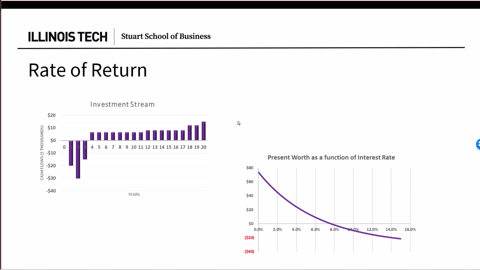If we were to plot the net present value as a function of the interest rate, what we would find, if you just have this one switch from negative to positive, is that there is a unique IRR, a unique interest rate that makes the NPV equal to 0. And so we can use this information to help us decide whether a project is viable or not.